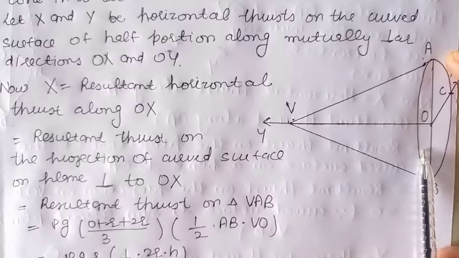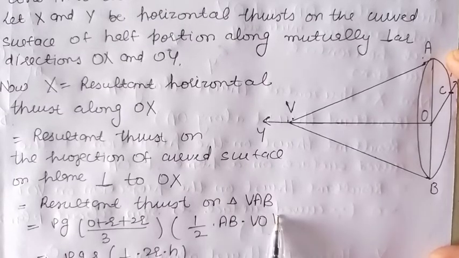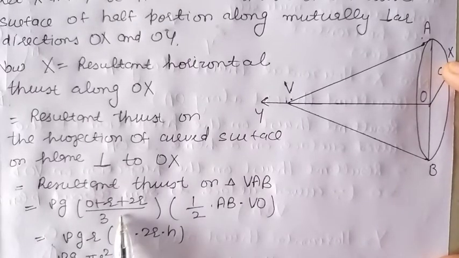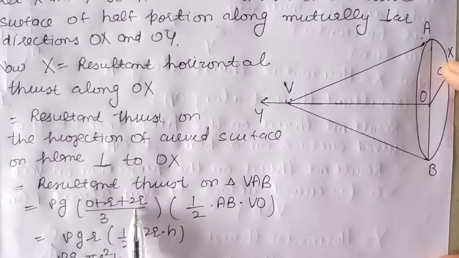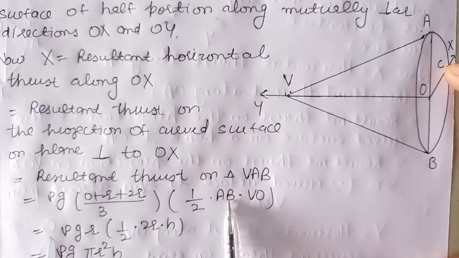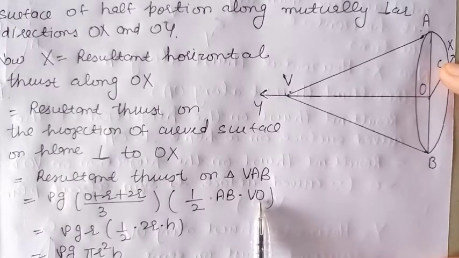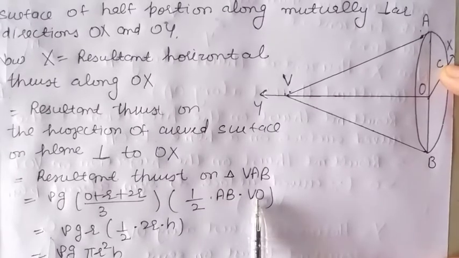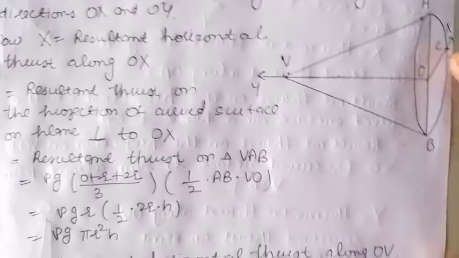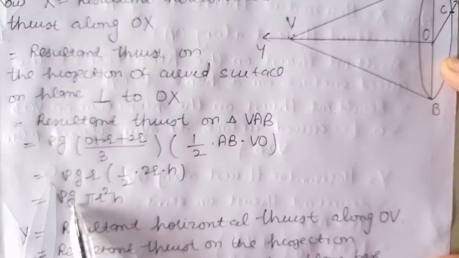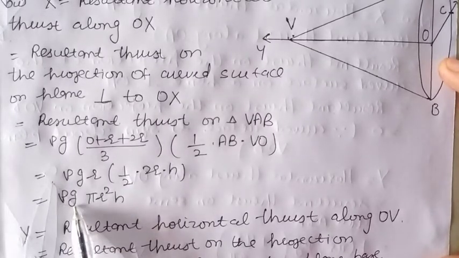The resultant thrust on triangle VAB is given by rho into g into the depth of the center of gravity of the triangle VAB, which is 0 plus R plus 2R by 3, into the area of this triangle, which is half into base AB into height VO. Putting the values, AB is 2R and VO is the height of the cone, which is H.